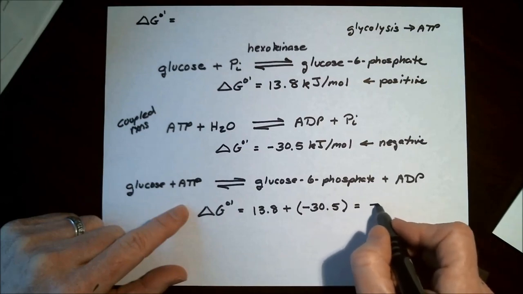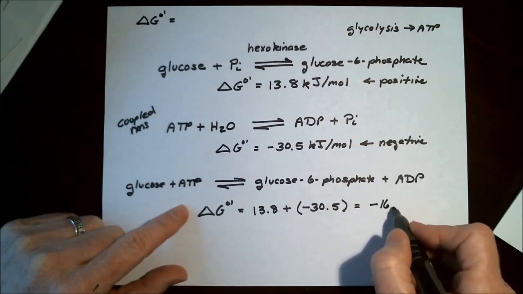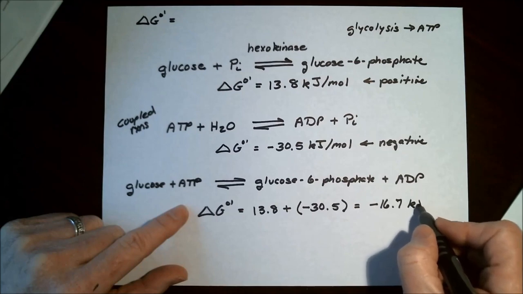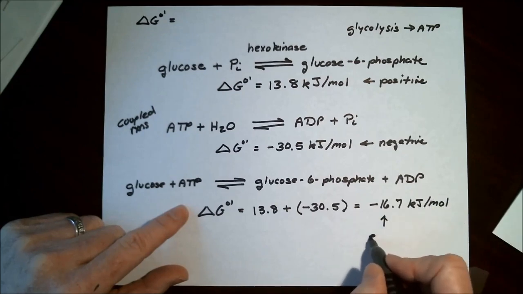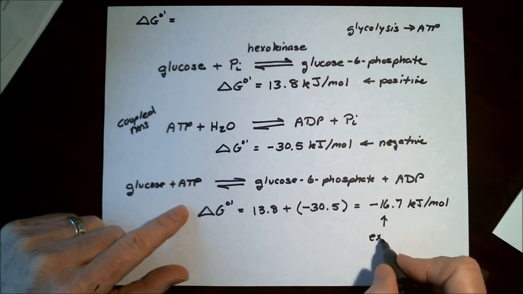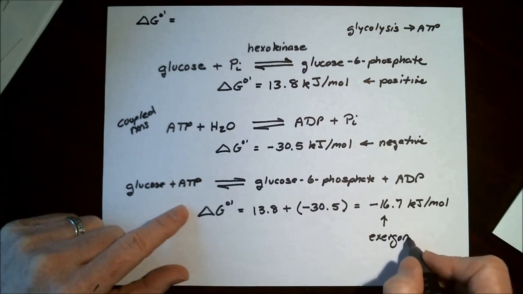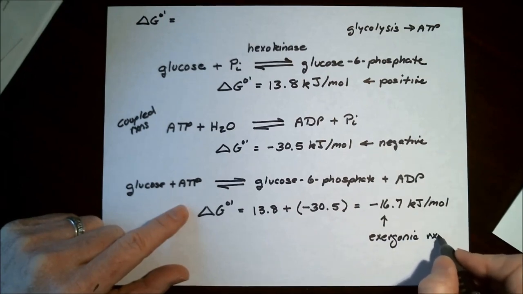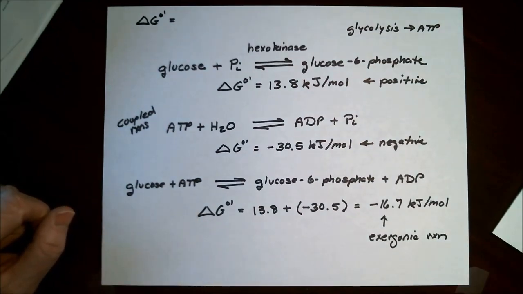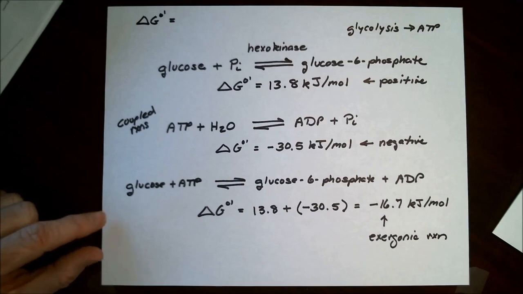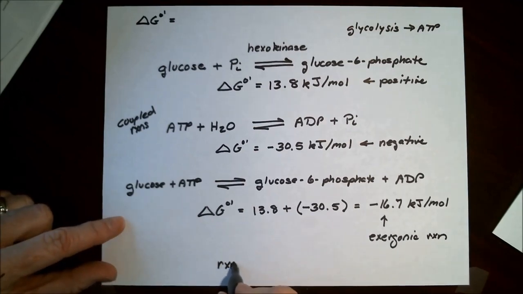This equals negative 16.7 kilojoules per mole, which is an exergonic reaction. So this reaction will proceed forward. This is the meaning of saying that these reactions are additive.